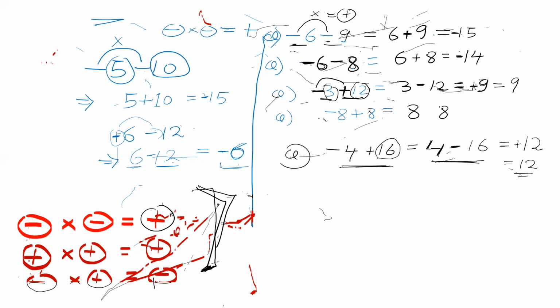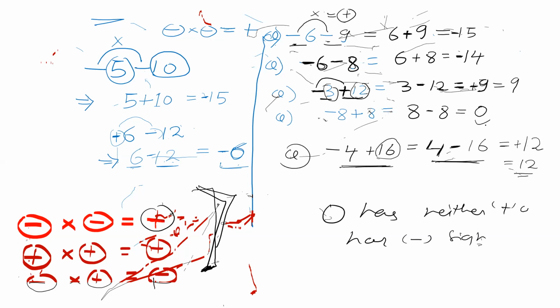What is the sign between the two numbers here? Minus. So 8 minus 8 gives us what? 0. And you see, 0 has got no sign. 0 has neither positive, nor negative sign. So the answer here is 0.